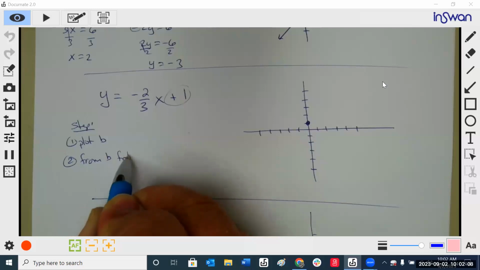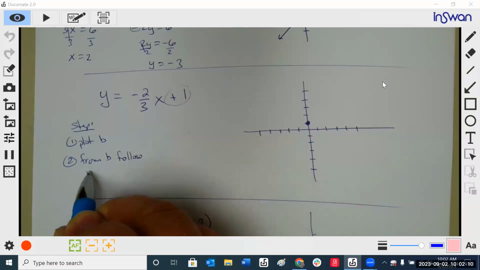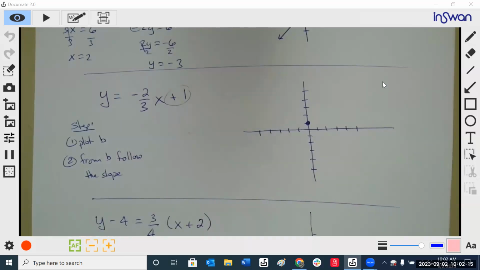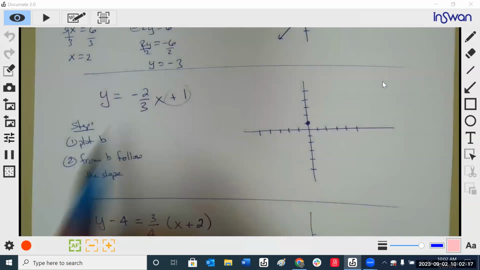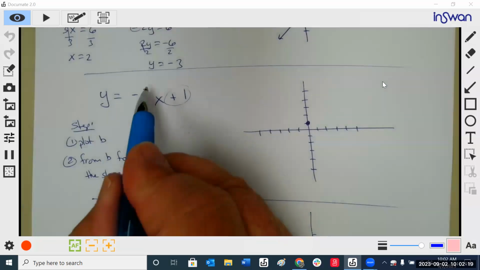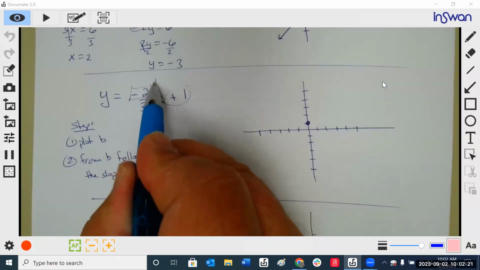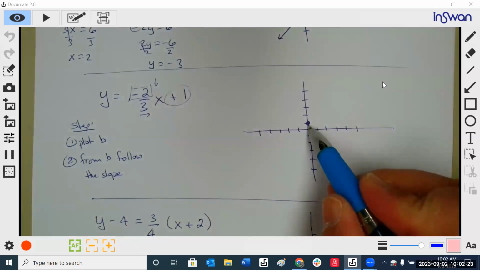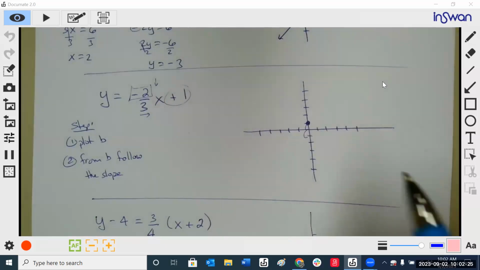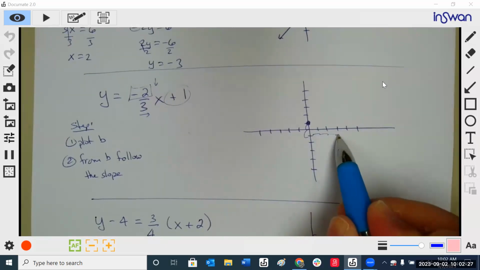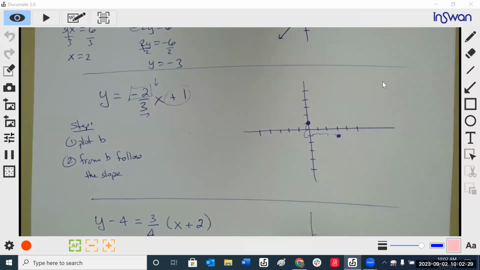From b, follow the slope. What does the slope tell me to do? Go down 2 and over 3. So from this point here, go down 2, over 3. And there's the graph.